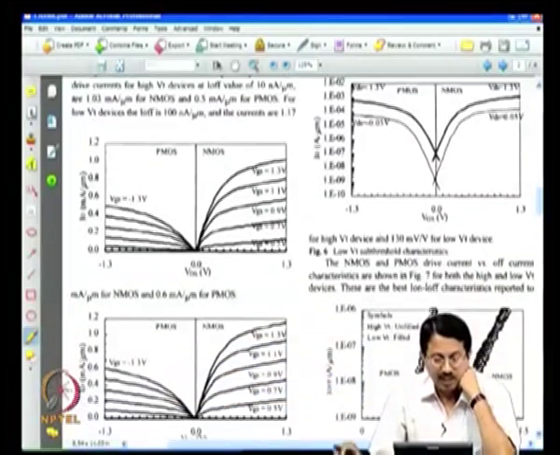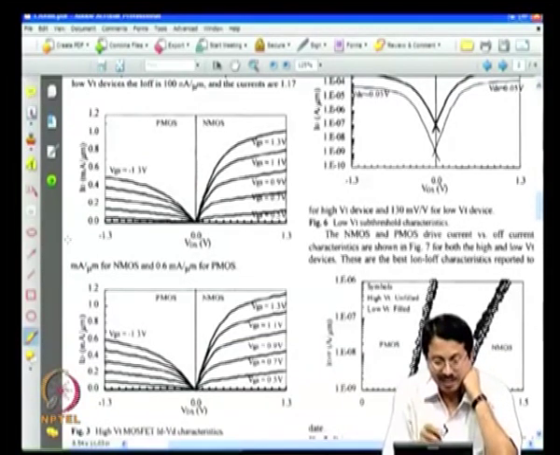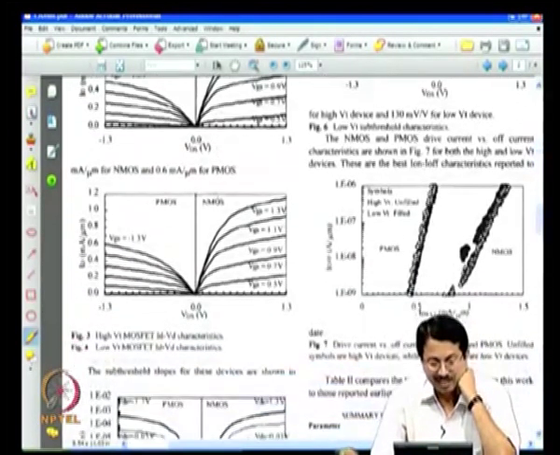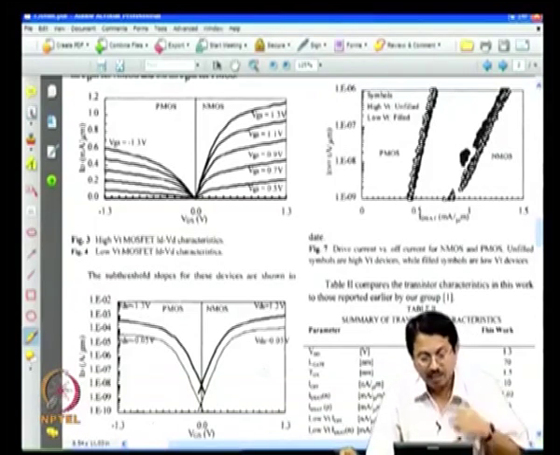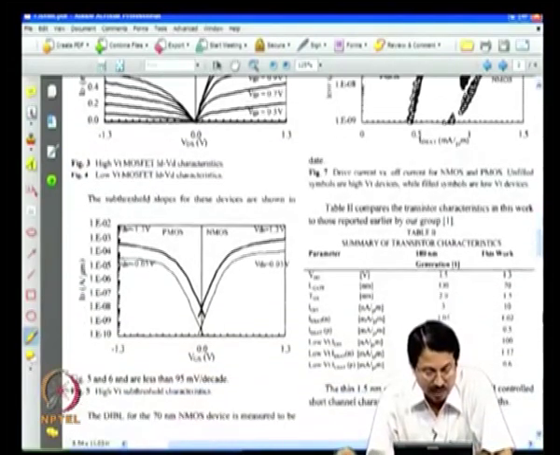Again they demonstrate well behaved NMOS and PMOS, right. The story looks similar. You will see similar graphs here, except that now you have a high VT and low VT, two flavors. And the subthreshold plot, drain current in a log scale versus gate voltage, for low drain voltage and high drain voltage.